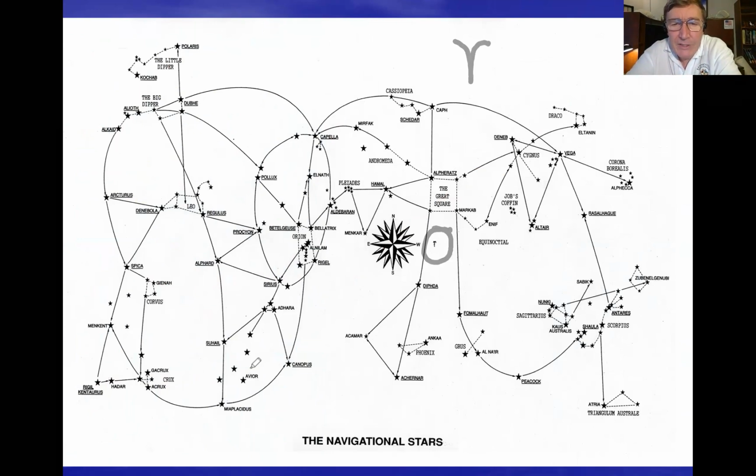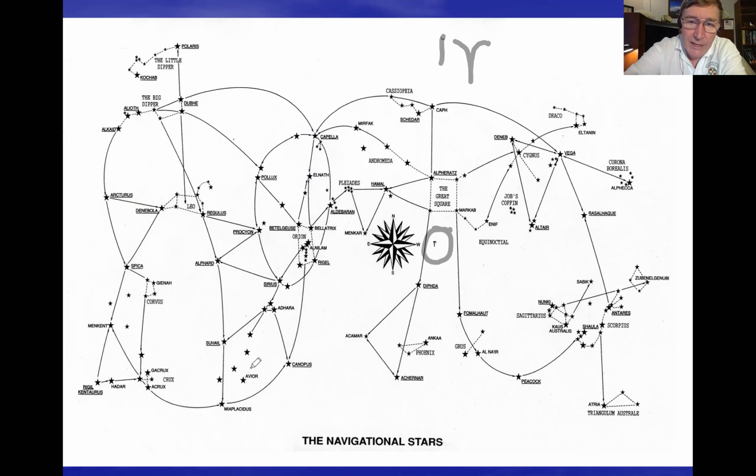That is the symbol used to represent Aries the ram. If you're into astrology, you know that each of the astrological signs has a little symbol. This is the astrological sign for Aries.